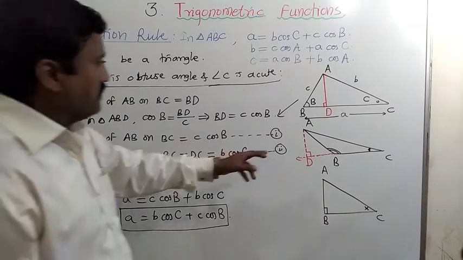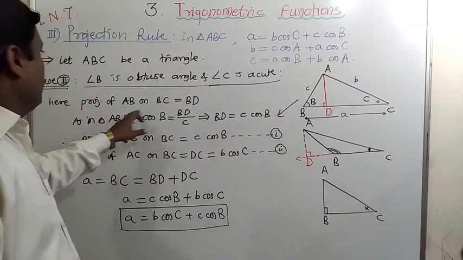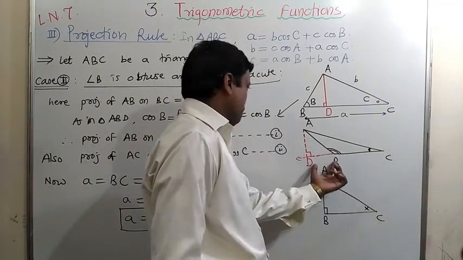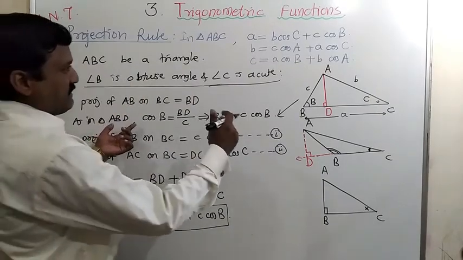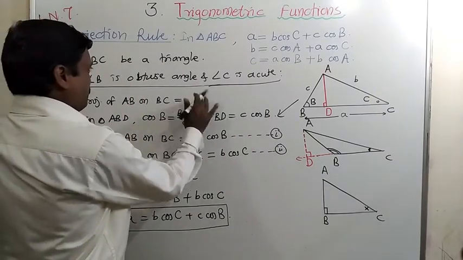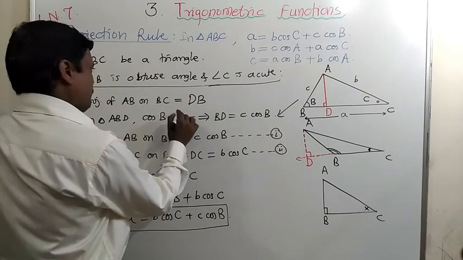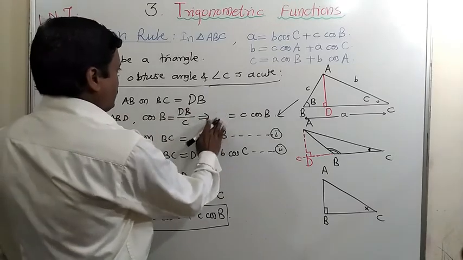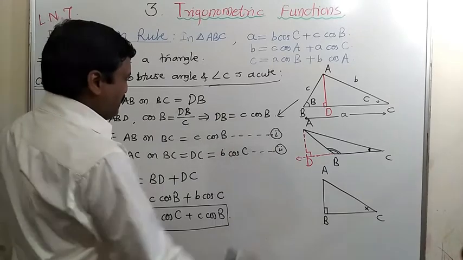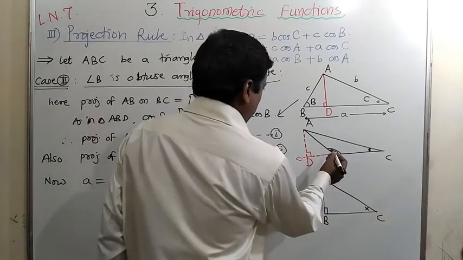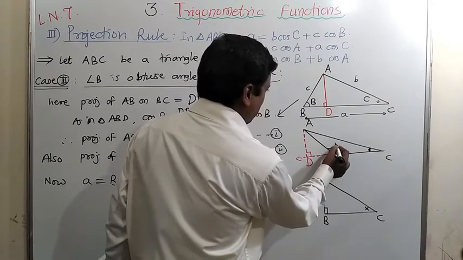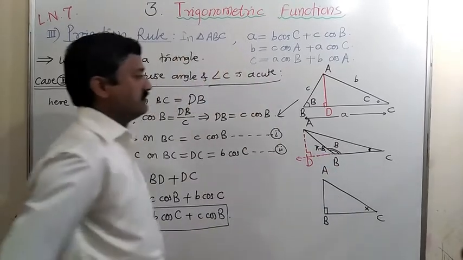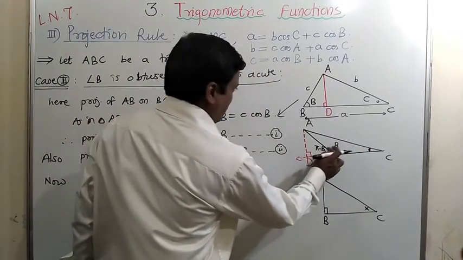In this figure now, if you observe the projection of AB on BC, AB is here, its projection on side BC is nothing but DB. Now instead of BD, we will write here DB. Actually it is the same, BD and DB are the same. So this DB is equal to, now here this is angle B, so this angle will be pi minus B, because these two angles are in a linear pair.